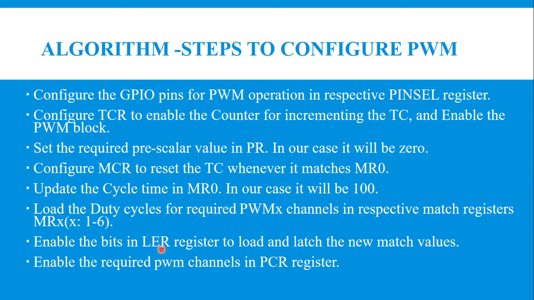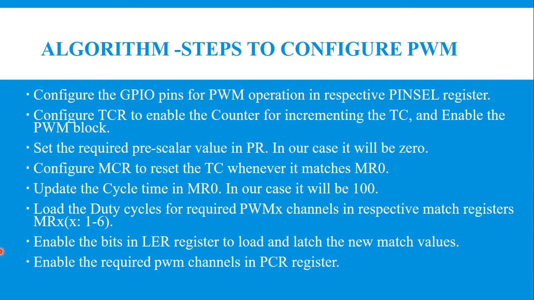Then enable the required PWM channel in PCR. PCR is the PWM control register, which enables outputs and selects the PWM channel types as either single edge or double edge control. Single edge and double edge configuration will be taught in the theory class.